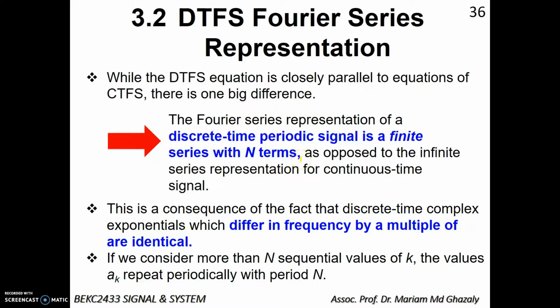This slide explains the difference or similarity between the discrete time Fourier series and the continuous time Fourier series. If you see, the equation is almost similar, but the difference is that the discrete time periodic signal is a finite series with N terms. It means that if we consider more than N values of k, the value of a_k will be repeated periodically, with the same N value.